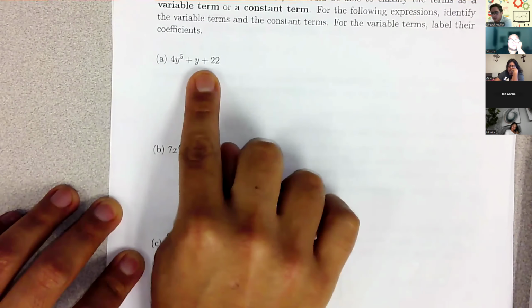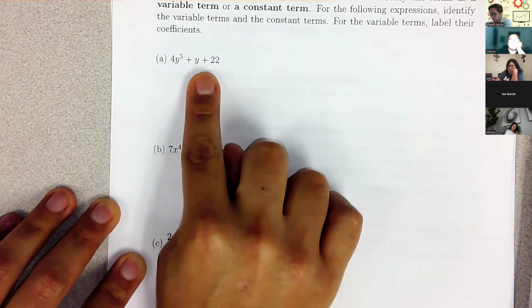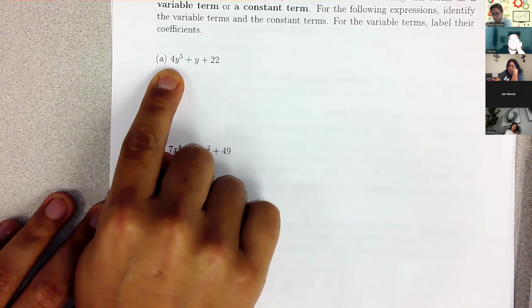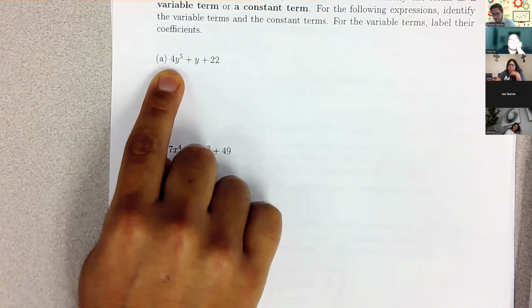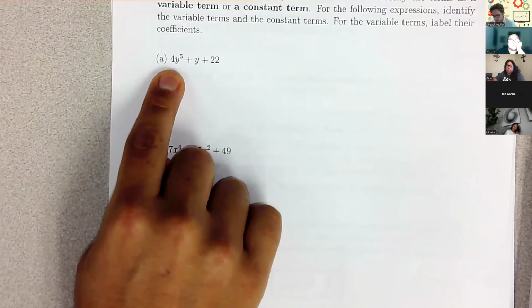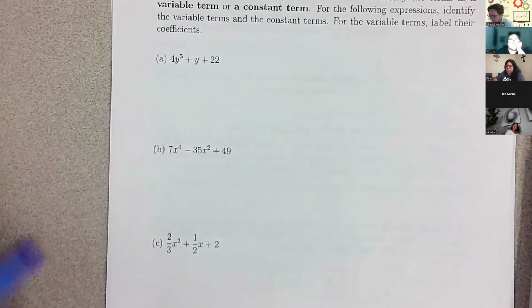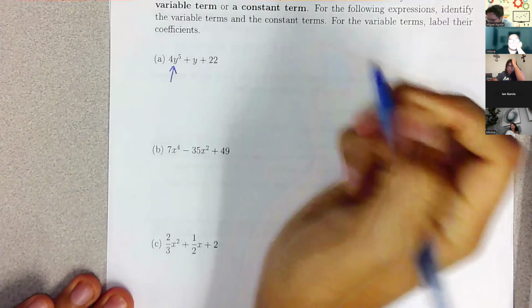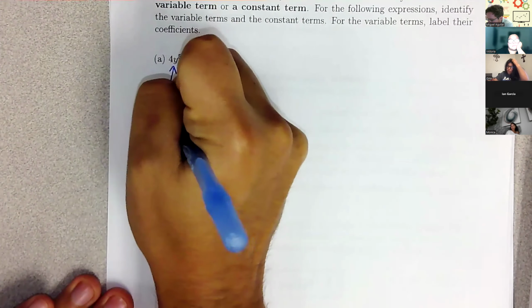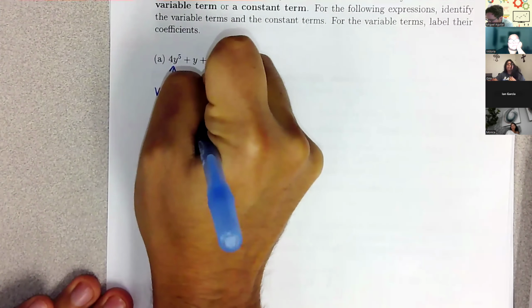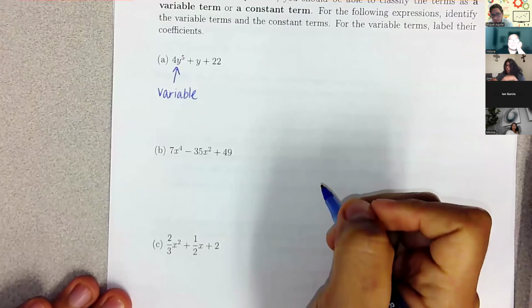So I think the easiest way to do this is just going term by term. This first term, is it a variable or is it a constant? Variable. How do you know? Because of the y. Because of the y, right? So that's a variable term.